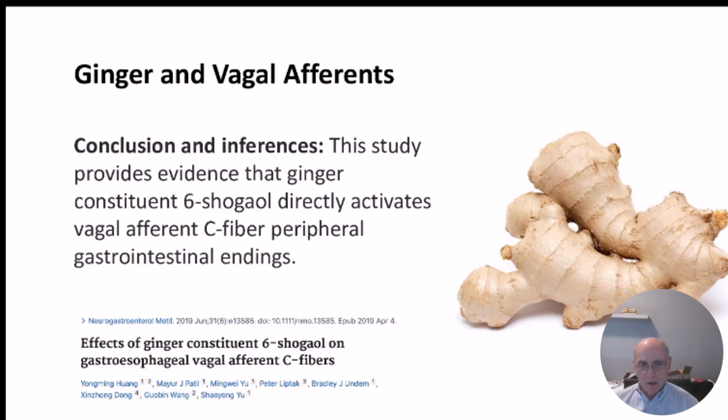This study provides evidence that ginger constituents directly activate the vagal afferent nerves, going to C5 and peripheral to the gastrointestinal tract, showing how these can help the vagus nerves that supply the gastrointestinal tract.